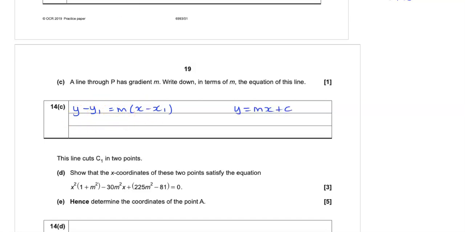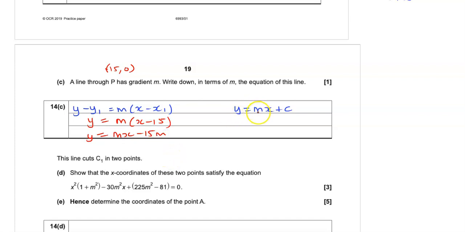In terms of the one on the left, it goes through P, which is the point (15, 0), and has gradient m. So this line would be y = m(x − 15). We could leave it in that form, or we could write it as y = mx − 15m.